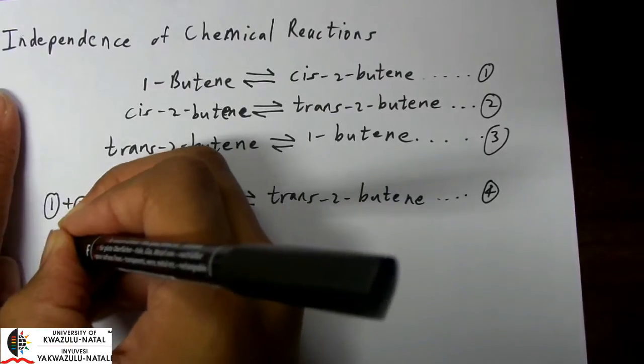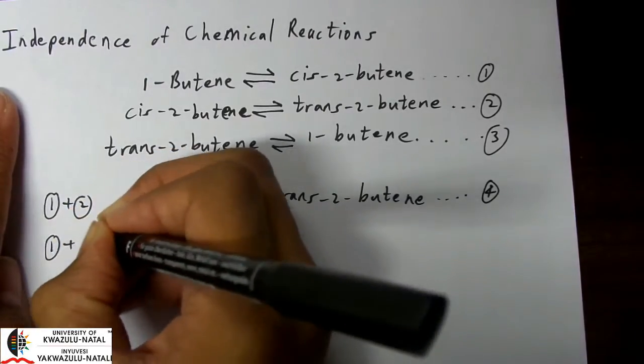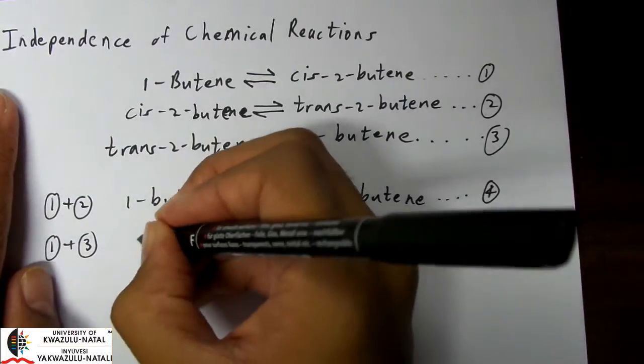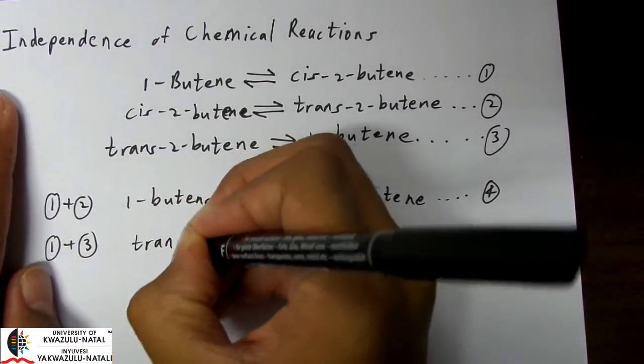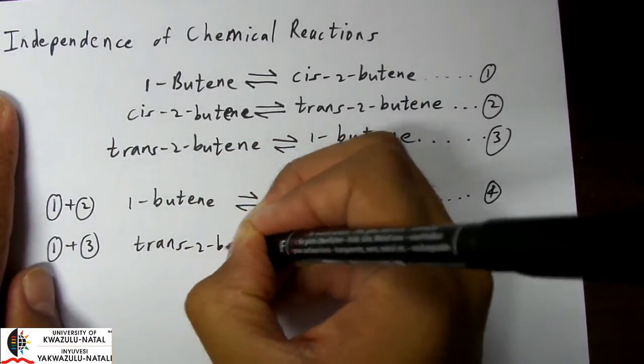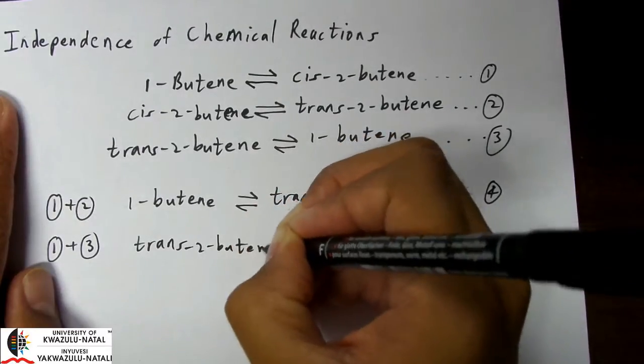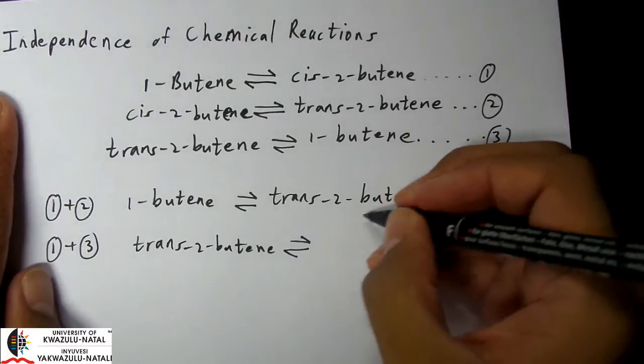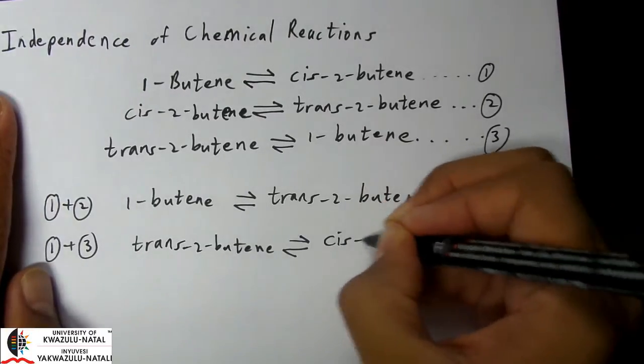If we add, for example, reaction 1 to reaction 3, we will get trans-2-butene becoming cis-2-butene.